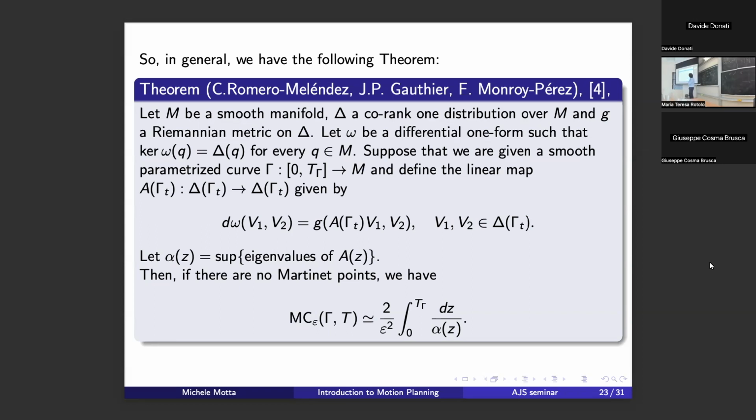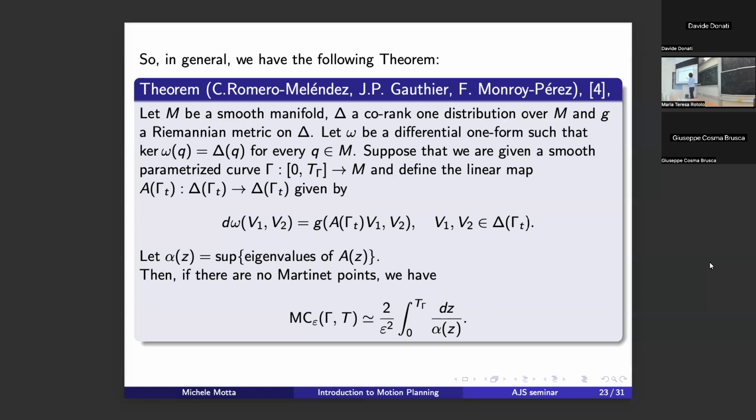So you pick the differential of this one-form, and then you have two linear forms on the distribution. One is the metric, and the other one is the differential of this one-form.